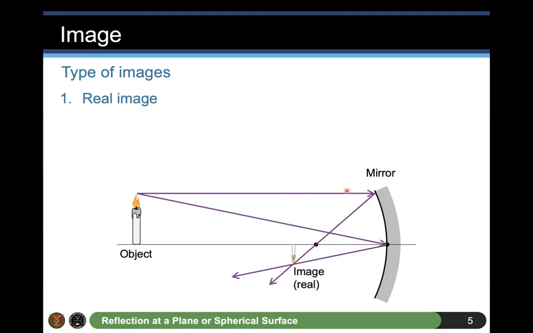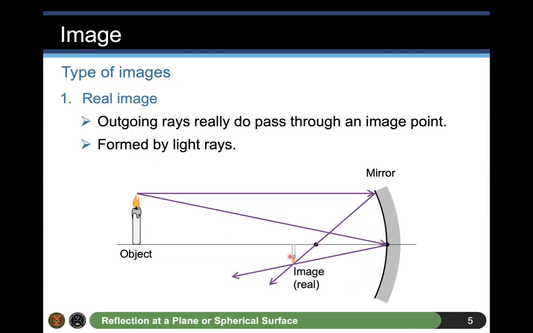We can draw those light rays reflecting through the surface of the mirror, and where the two light rays converge or intersect, that is where the image is formed. When the image is formed before the reflecting or refracting surface, the image is considered to be real.